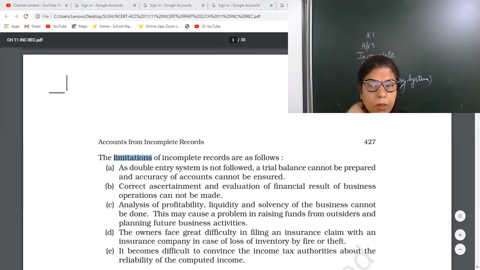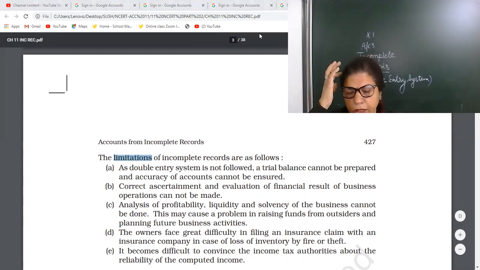Then at that time the owner will face a problem because he will not have any proof, any accounts. How much stock he must have, he has to show to the insurance company. That will be the problem in that case. Next, it becomes difficult to convince the income tax authority about the reliability of the computed income.